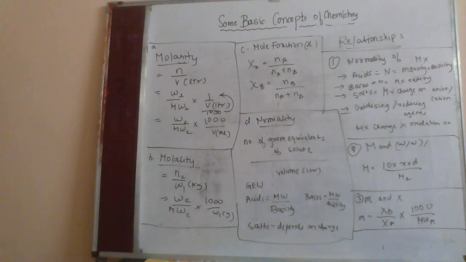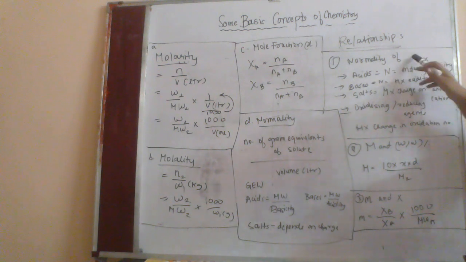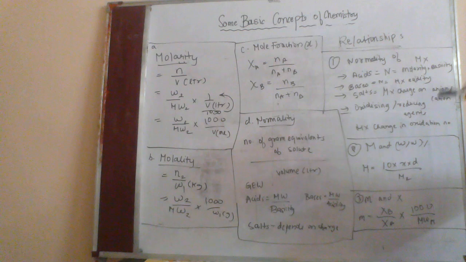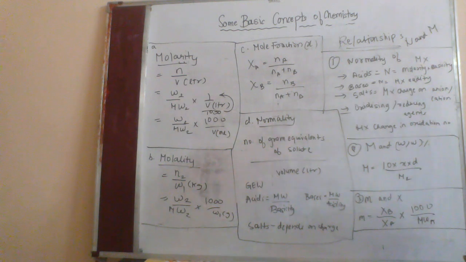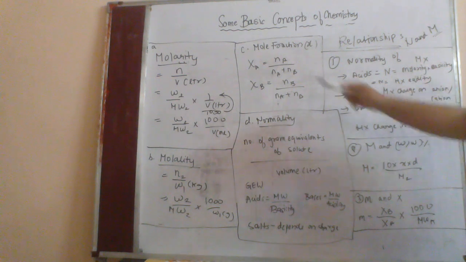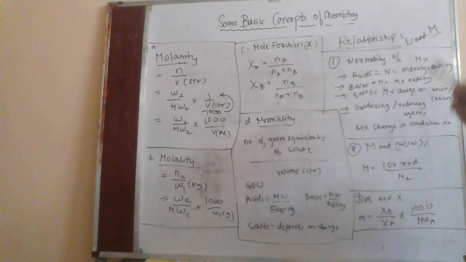We go to the relationships between concentration terms, which is normality of M or normality of acids. So this is the relationship between normality and molarity, N and M. Capital M represents molarity, whereas small m represents molality.